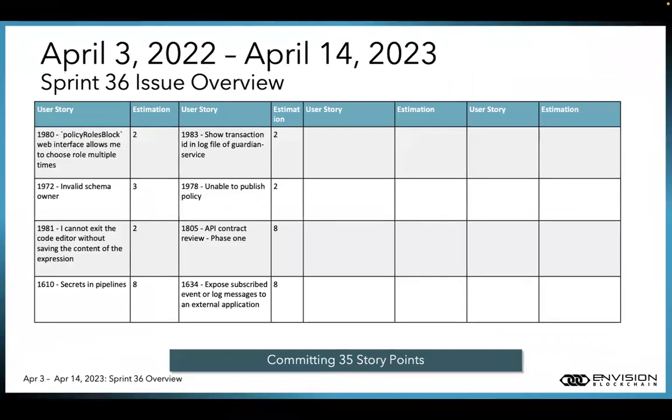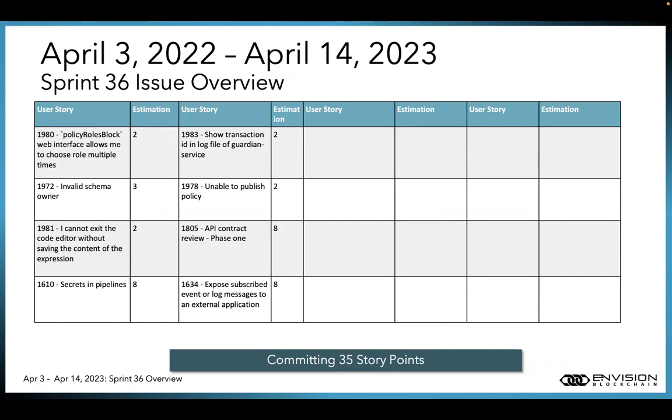Now looking ahead to the week of April 3rd, which is Sprint 36. Sprint 36 will be lasting from April 3rd to April 14th. Currently for Sprint 36, we are committing to 35 story points, which include some of the bugs, which are 1980, 1972, 1981.